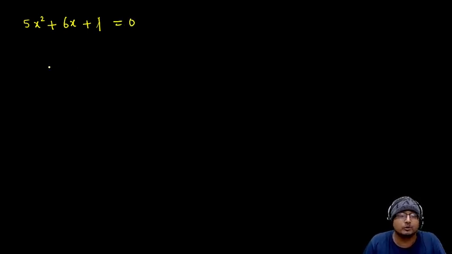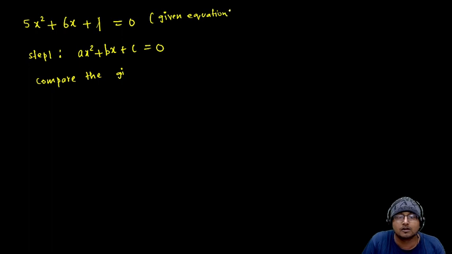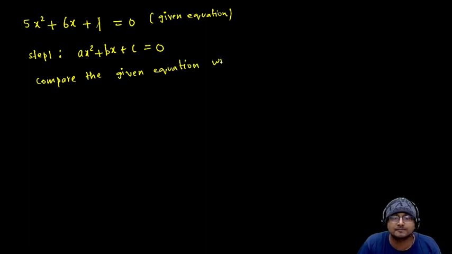What is the first step you have to do? Step 1 is, what is our standard form of our equation? ax square plus bx plus c equal to 0. So compare the given equation with the standard form.